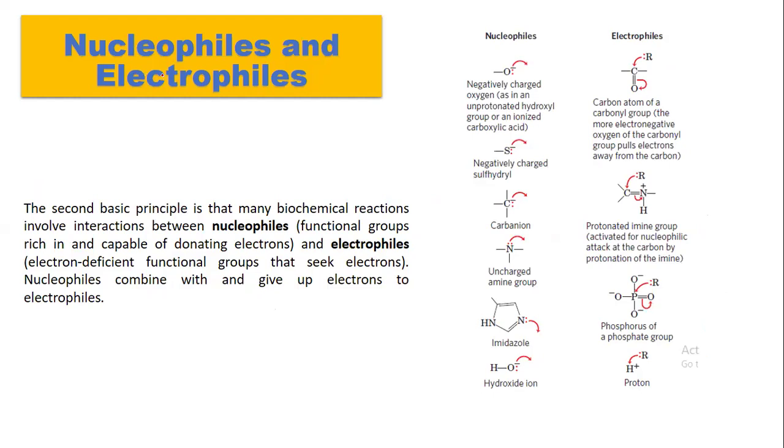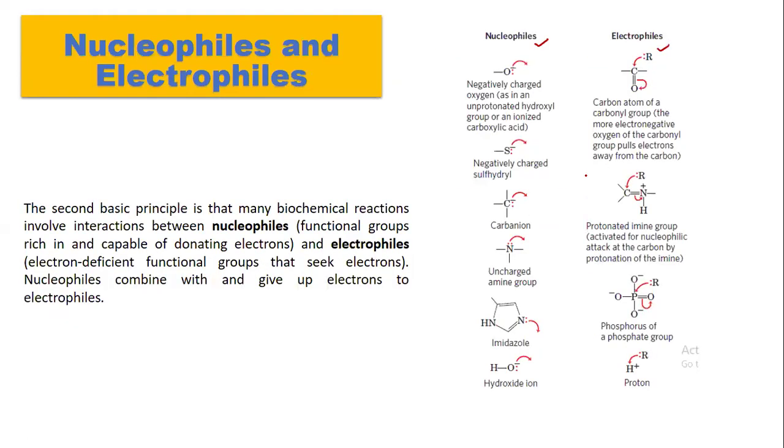The second principle is that in biochemical reactions, there are some species which are rich in electrons and some species which are deficient in electrons. And these two species can make bonds. If there is a nucleophile and it attacks an electrophilic center, these two species can make a bond, because this is how they can sink their electrons to a common pool.